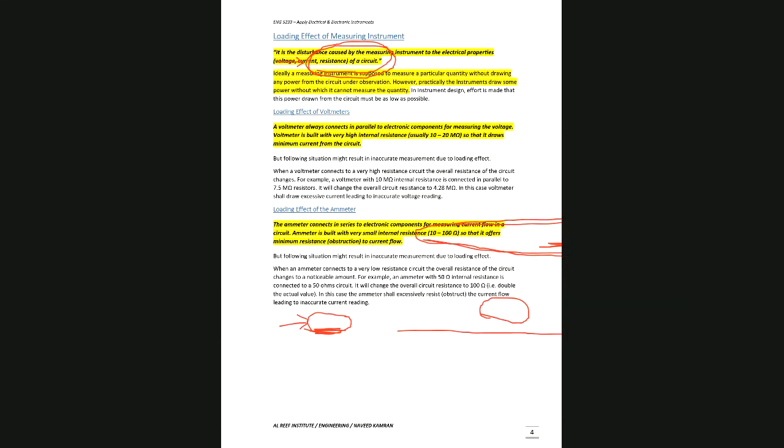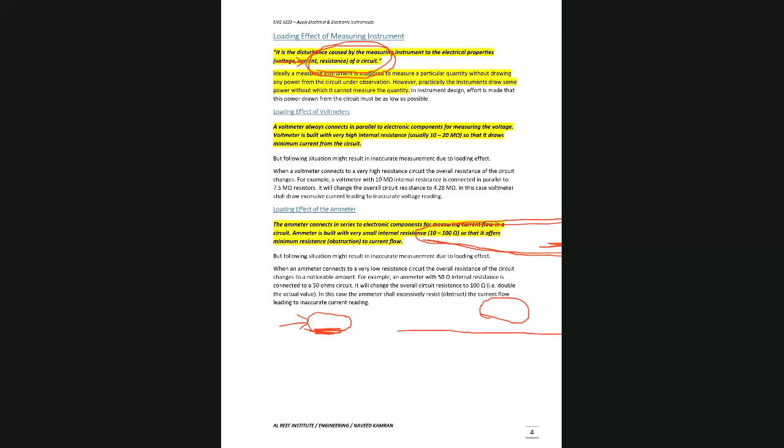It means the meter has loaded the circuit; it has disturbed the circuit. The circuit had 7.5 mega ohms, but due to connection of the voltmeter its resistance changed to 4.28 mega ohms. With this big change, the voltage measurement will not be accurate because it will not be a true reflection of the actual voltage of the circuit.